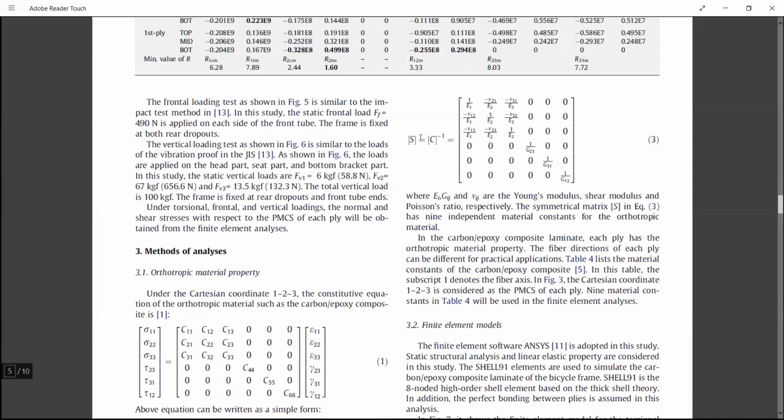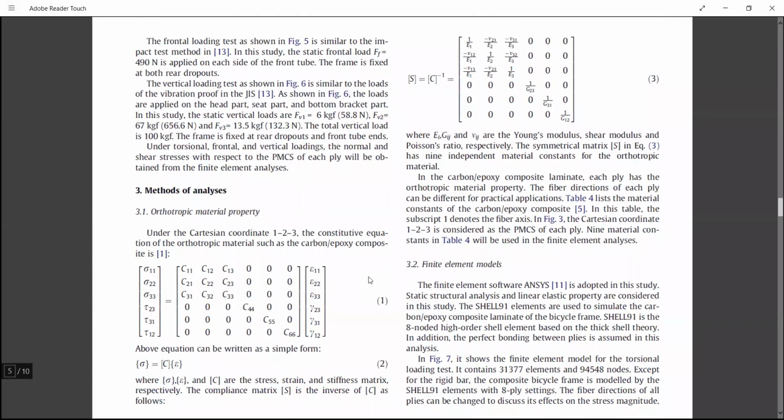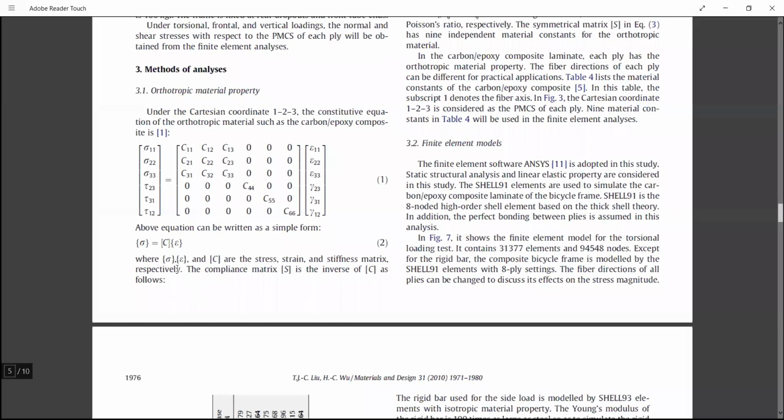And then you have, you see, the compliance matrix is inverse of the stiffness matrix. Okay, so all these we have looked at basically. So the compliance matrix S is inverse of the C, inverse of the stiffness matrix. Fine.